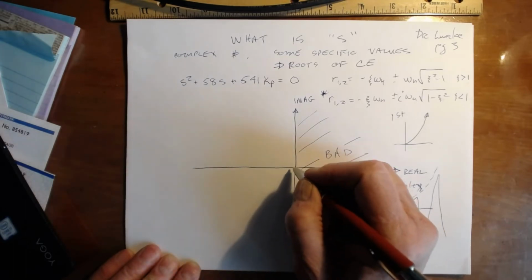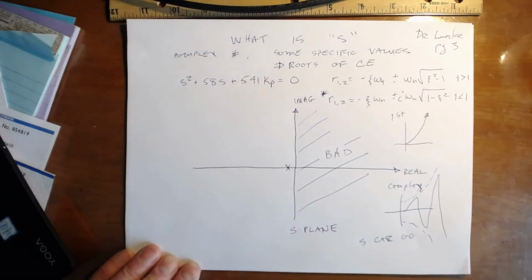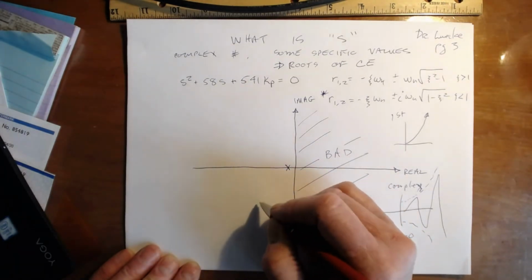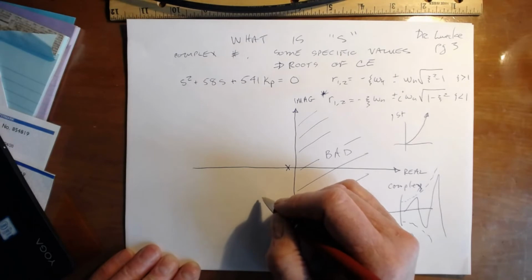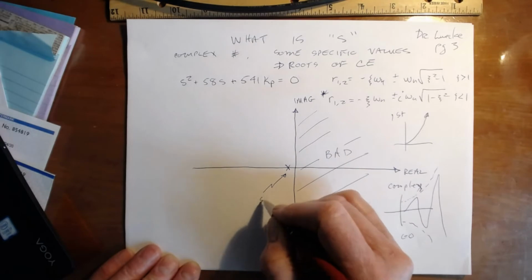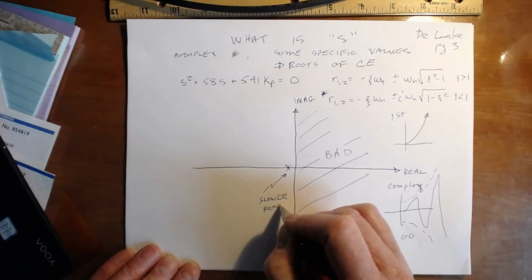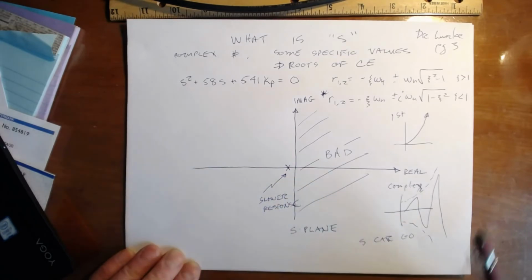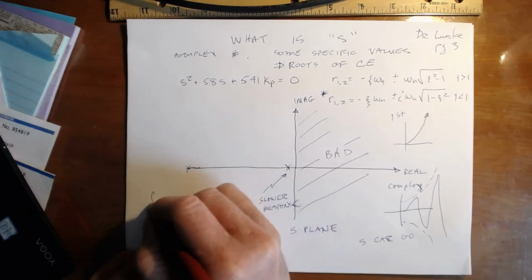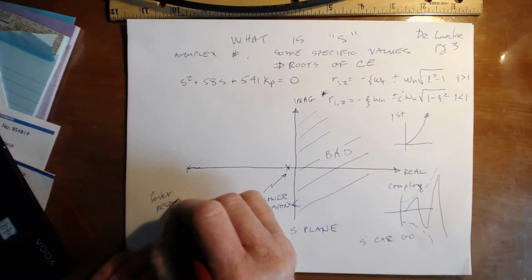So let's look at a root that is here. We talked about this a little bit when we did our analytic solution. Roots here have a slower response. When I have a root that's out here, this one's going to have a faster response. All these things are kind of relative.